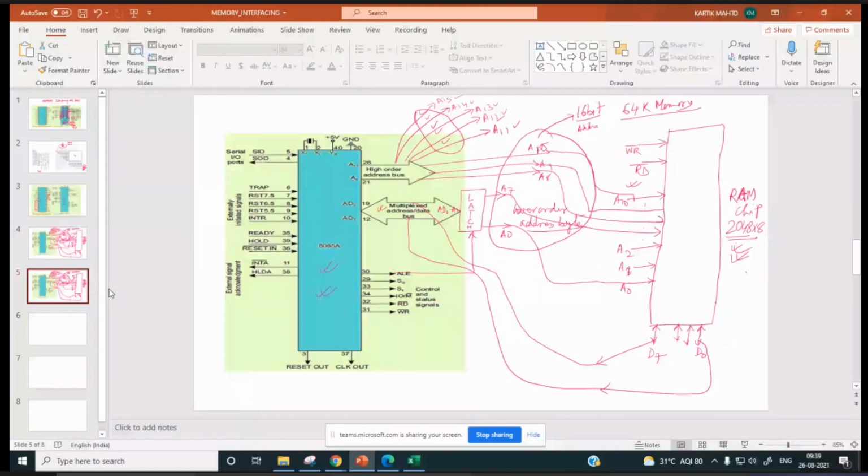In case of RAM, read bar will go to this and write bar will be connected to this. So first of all, the processor will send the address. Then it will make read bar low, so data will come out of this memory chip and go into the processor.